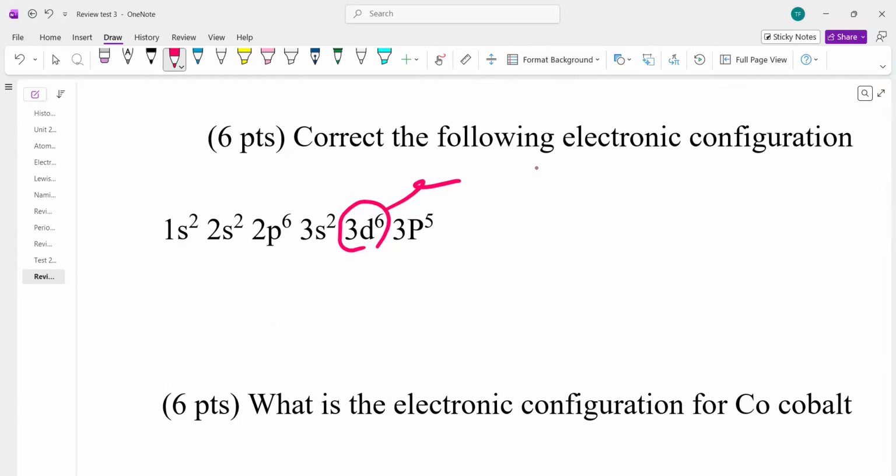Okay? So then the 3D6 there. But you've got to have the 4S2 for the Ds to come.